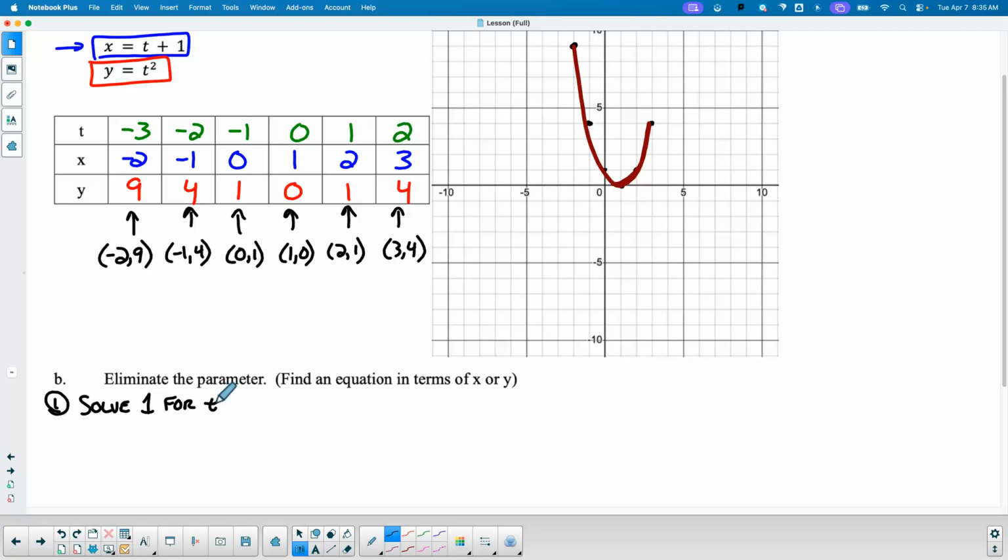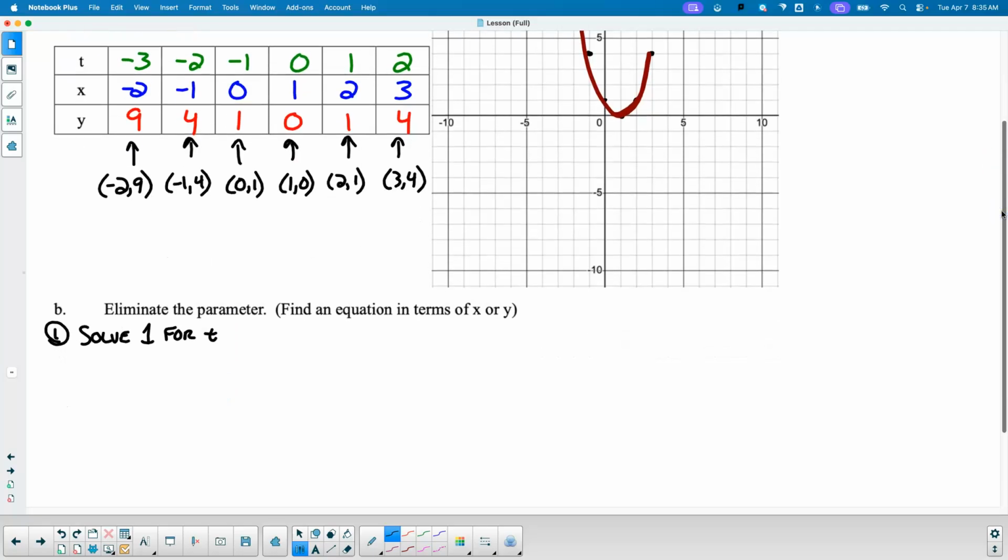Make it easy on yourself. Which function do you think is going to be easier to solve for t? X or y? X, okay? So let's solve x equals t plus 1 for t. What would you do? Subtract 1. So x minus 1 is equal to t.